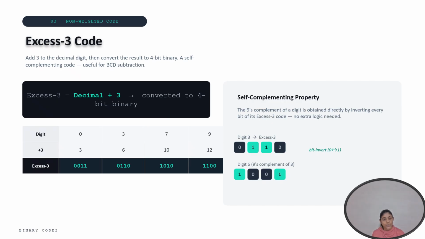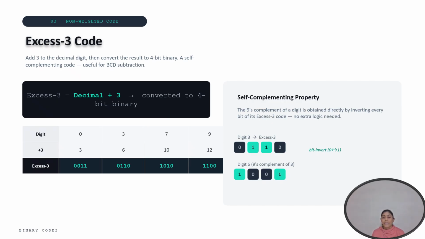What is 0110's ones complement? You already know what ones complement is. 0 should be complemented to 1 and 1 should be complemented to 0. So 0110 will become 1001. So what is 1001? It is the 9th complement of 3.